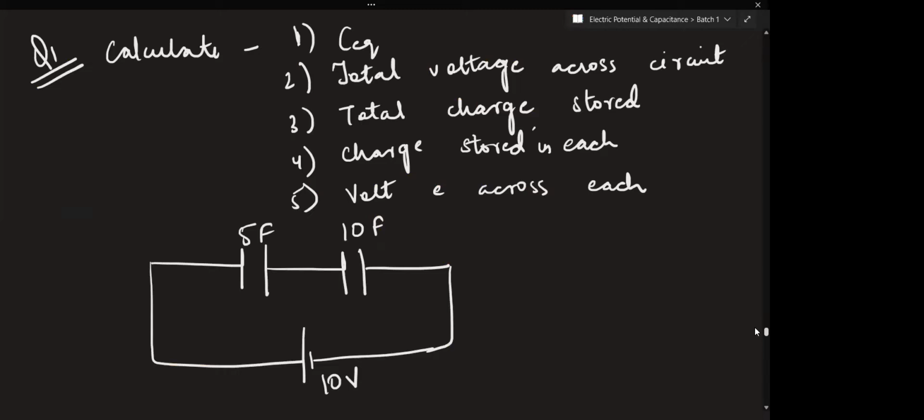Then just take 2 minutes. At least the first part, all of you should submit. Even the second part is very easy, but at least try the first part. Then I'll discuss the rest of the parts. 2 minutes I'm giving. Whoever gets the answer, submit it in the chat box. Then we'll discuss it.